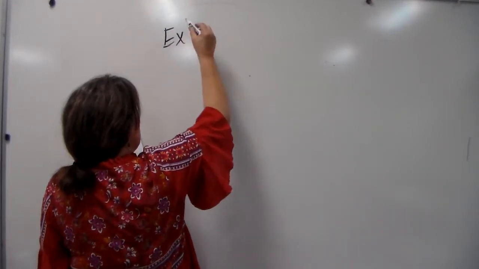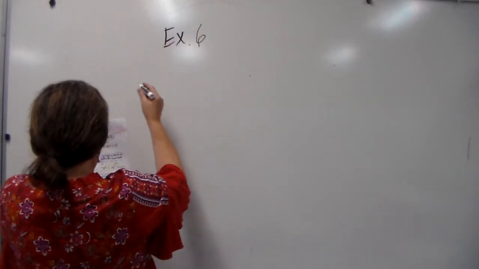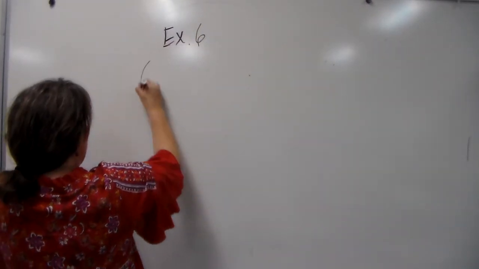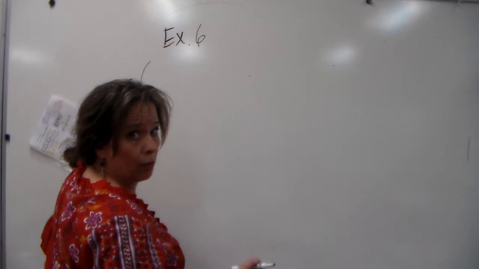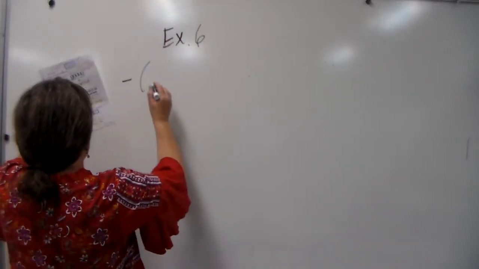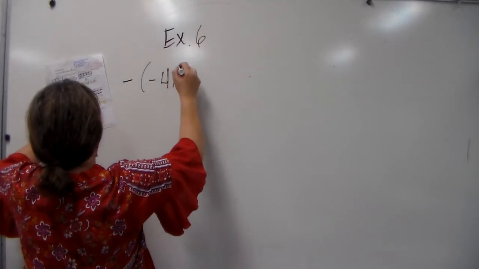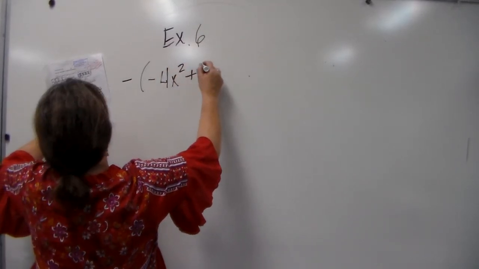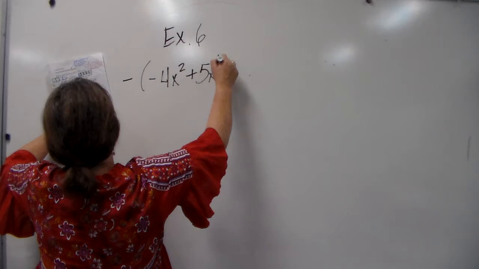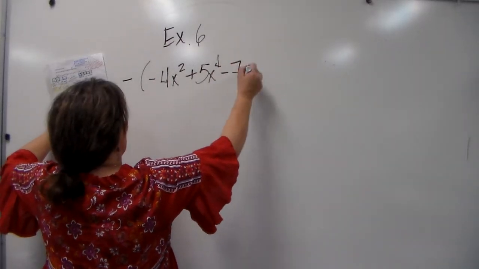So for example number 6, we have a negative that's in front of our first parenthesis, just out there by itself. Inside we have negative 4x squared plus 5x to the 4th minus 7.